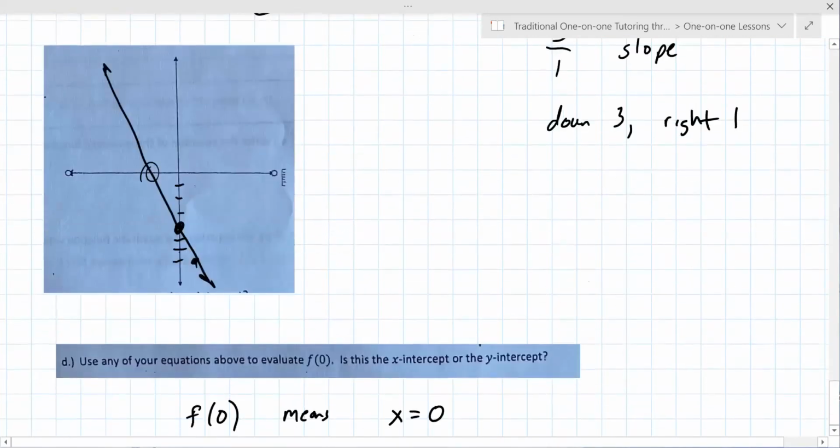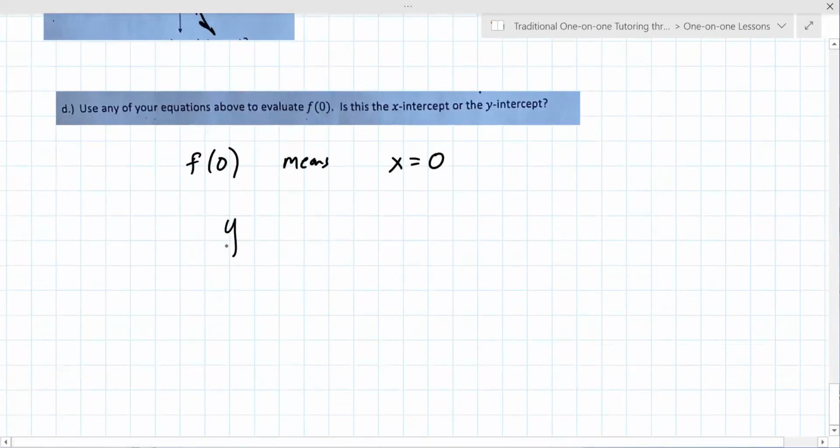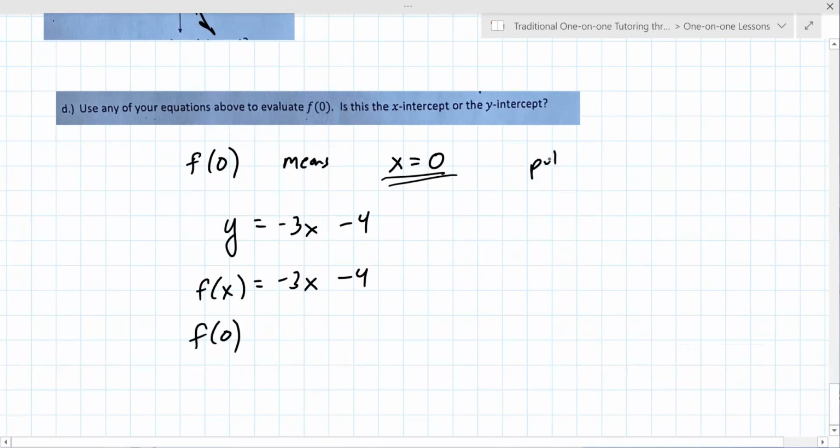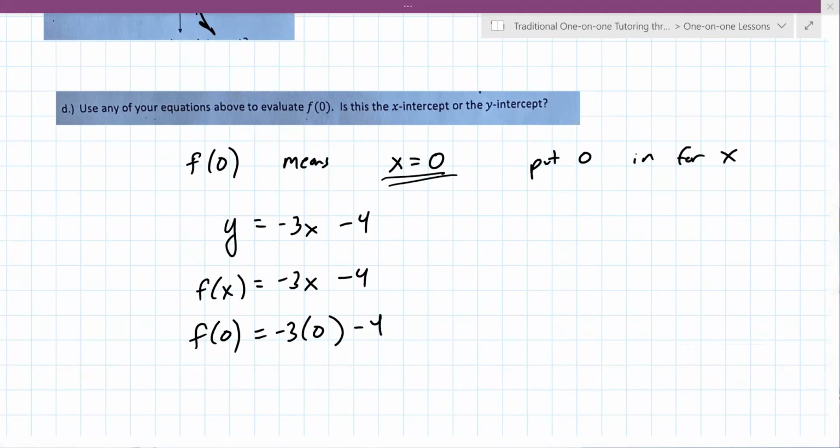So instead of writing y equals -3x minus 4, you can write f of x equals -3x minus 4. And then that means that x is 0. So you put 0 in for x. So it's -3 times 0 minus 4. So then that would just become -4.